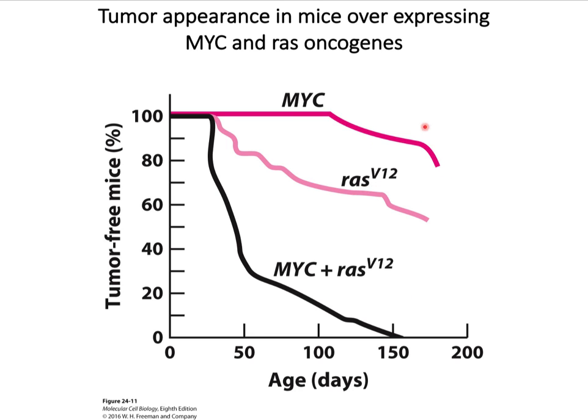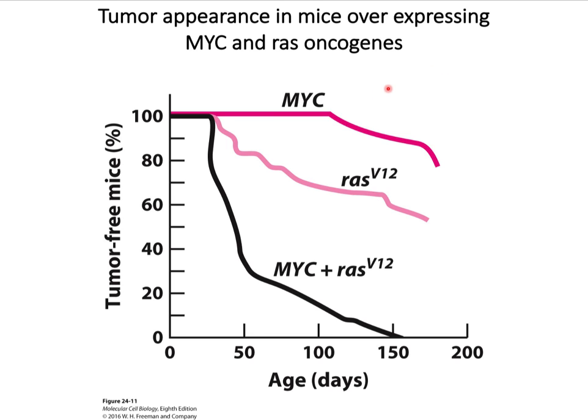These MYC and RAS oncogenes were placed under control of a promoter from a mouse mammary tumor virus, also called MMTV, and the promoter could be activated by hormonal stimulation, which will overexpress these oncogenes in the mouse mammary tissue.